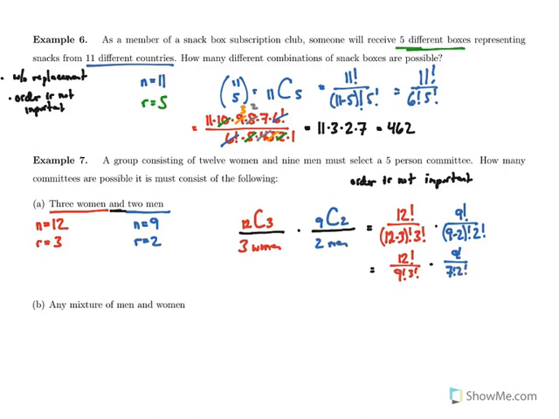Let's do these calculations out real quick. 12 times 11 times 10 times 9 factorial over 9 factorial times 3 factorial, and 9 times 8 times 7 factorial over 7 factorial times 2 factorial. We can cancel out the biggest factorial in the denominator.